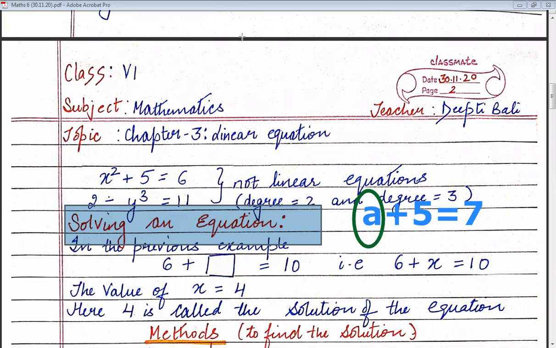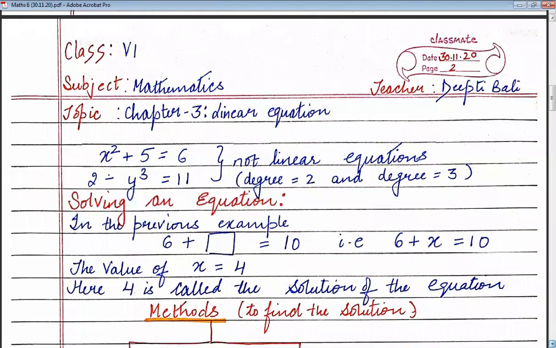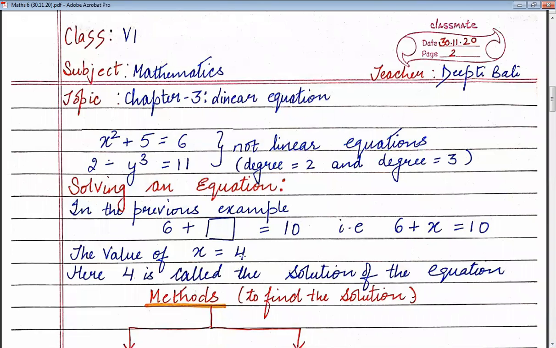Now let us proceed to the next question. In this you have 6 plus dash is equal to 10. You remember I gave you the first example: what should be added to 6 so that your answer is equal to 10?